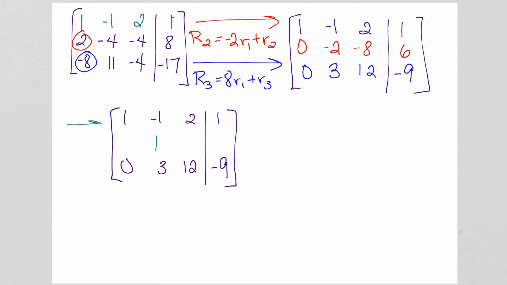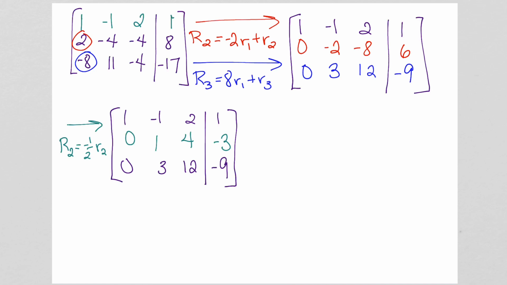So what are we going to do to row 2 to make a negative 2 become 1? Divide by negative 2, or multiply by negative 1/2. So 0 divided by negative 2 is 0. Negative 2 divided by negative 2 is 1. Negative 8 divided by negative 2 is 4. 6 divided by negative 2 is negative 3.